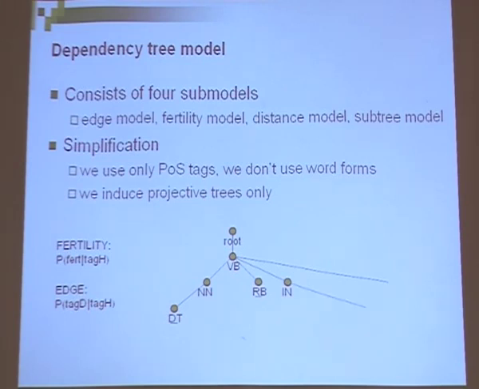The fertility of the preposition is 1 to the right. I generate a noun, fertility of the noun 2 to the left. Determiner has 0 fertility, adjective 0 fertility, and at the end I generate the last one, which has also 0 fertility. And by this generative model, I generate the full tree. It is a little different from the dependency model with valence.